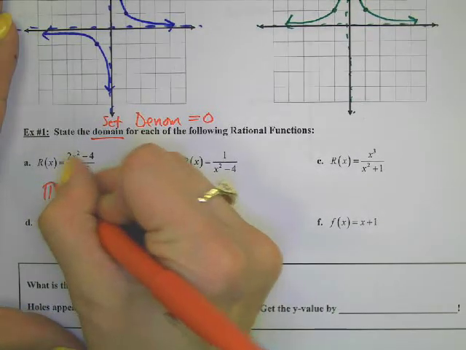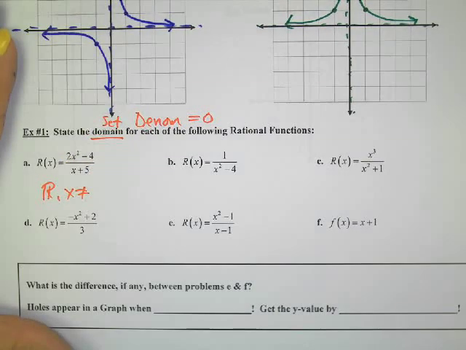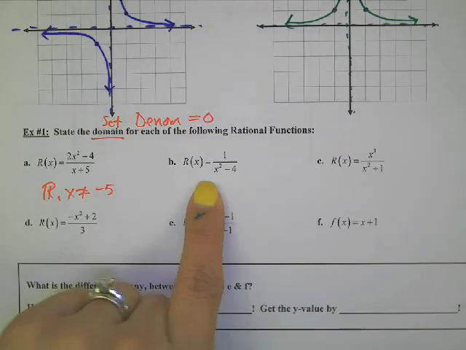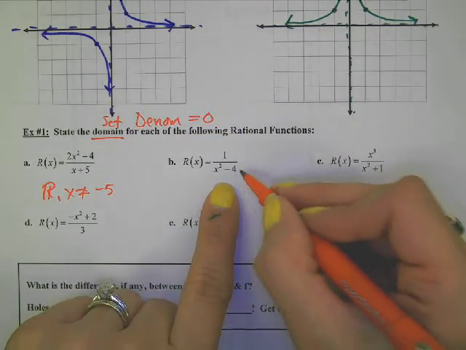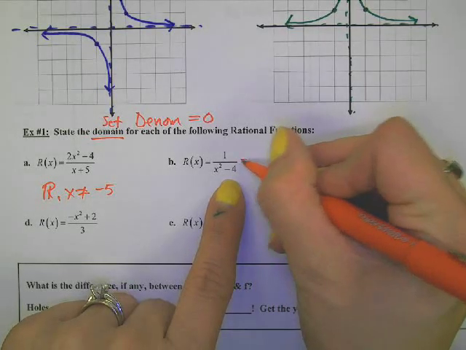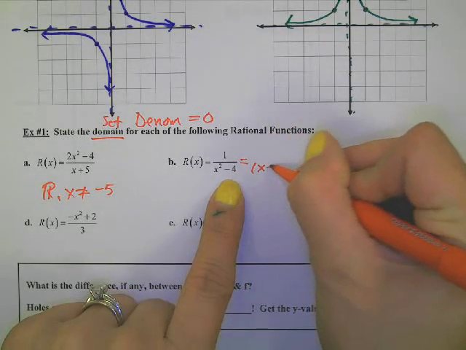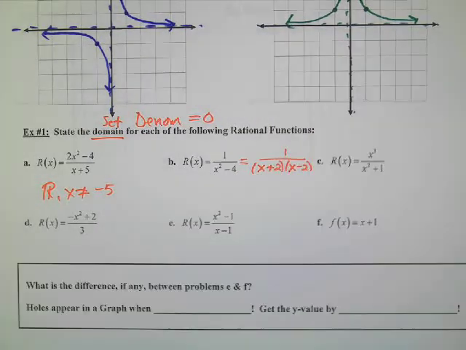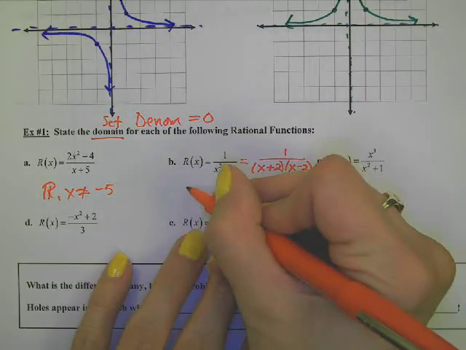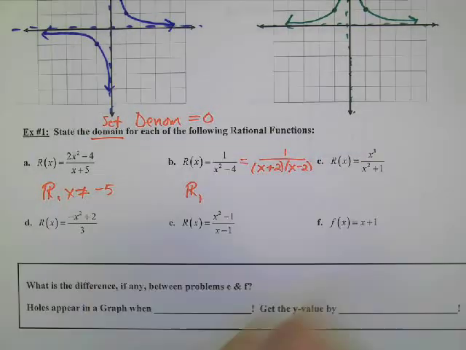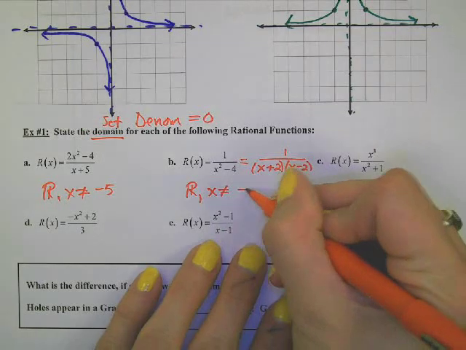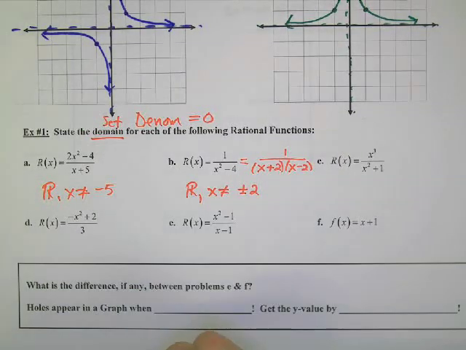So for part A, it's going to be all reals except x cannot be, which number? -5. For part B, it might be best to look at that denominator in factored form. X plus 2, x minus 2. Okay, that's going to make things easier. So let's say all reals, comma, except x cannot be plus or -2.